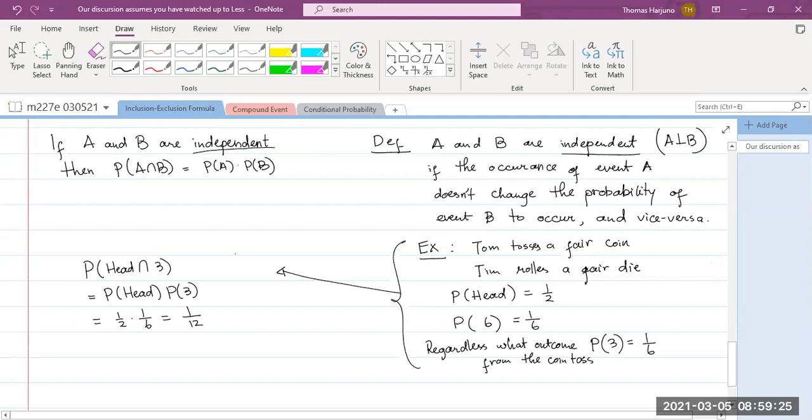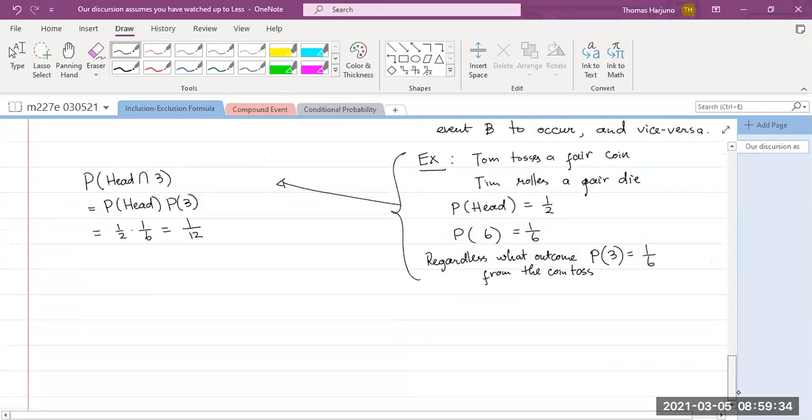Okay. Now, what is the effect of this independence on our inclusion-exclusion formula? The general form again is probability of A union B equals probability of A plus probability of B minus probability of the intersection, right?